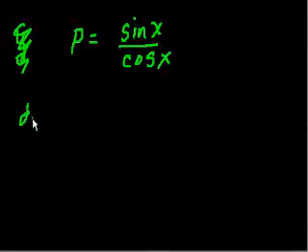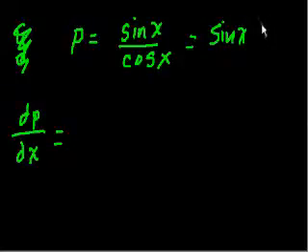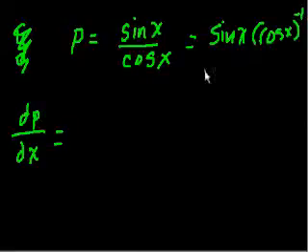Let's figure out what dp dx is, the rate at which p changes with x. Once again, this is the same thing as sine of x times cosine of x to the negative 1, right? So we can just do the product and chain rules.